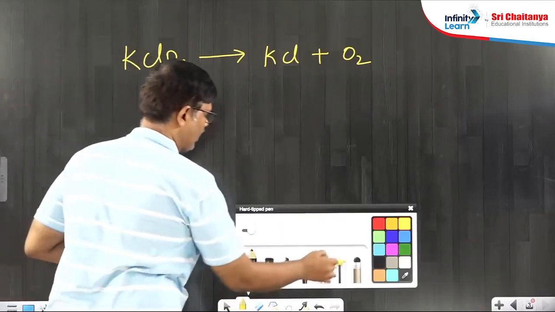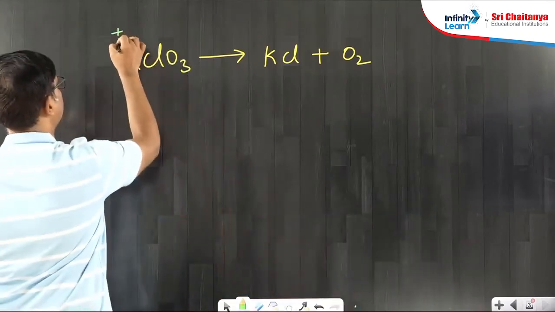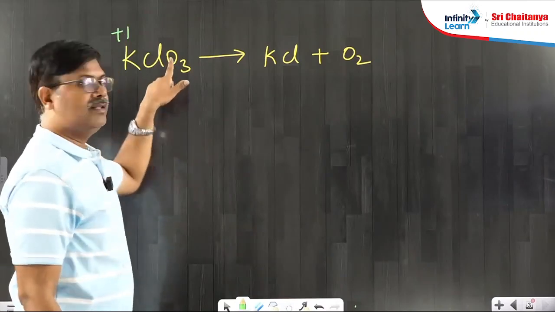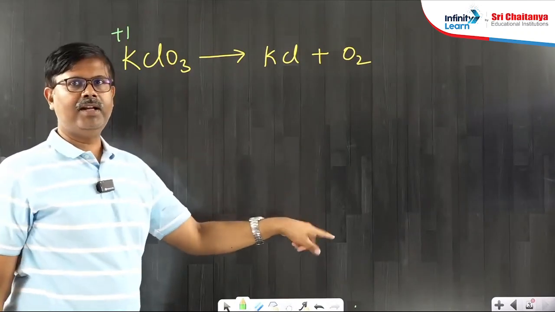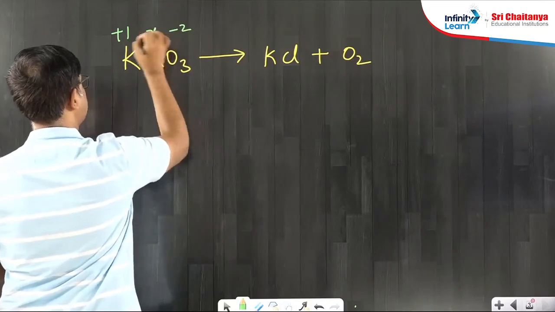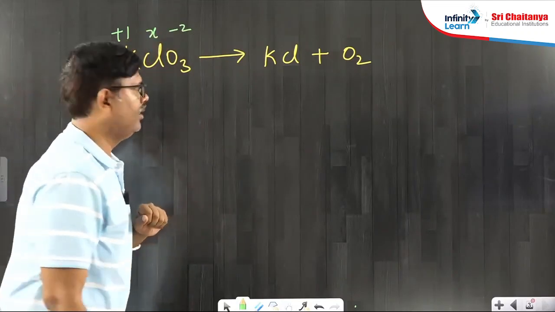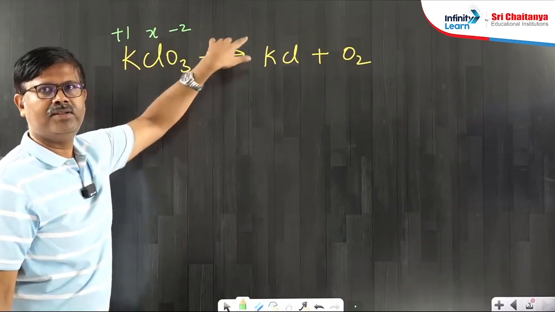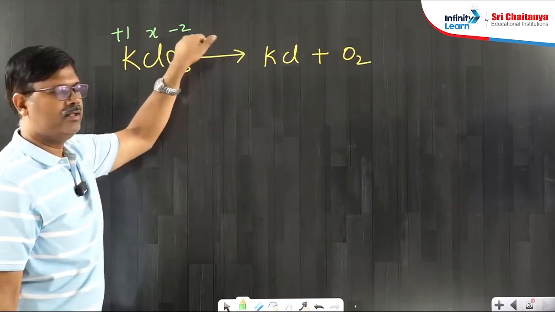So, potassium will have +1. Chlorine, we don't know. And oxygen, yes, I told you to take -2 usually. So, -2. Let's take chlorine as X. Let's figure out that chlorine. Sum of all will be equal to its charge. It is a neutral molecule, charge 0.